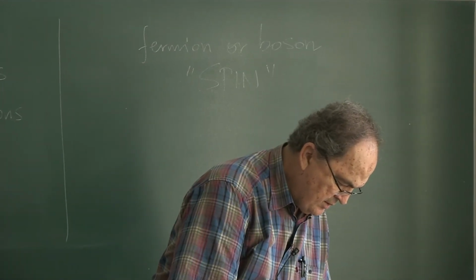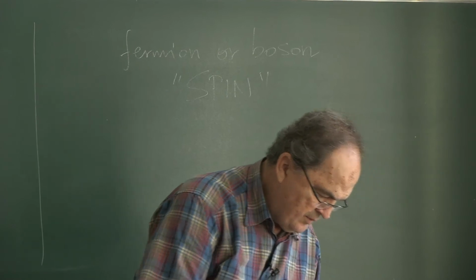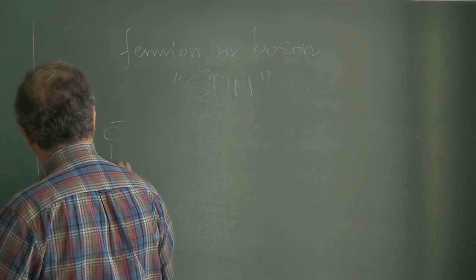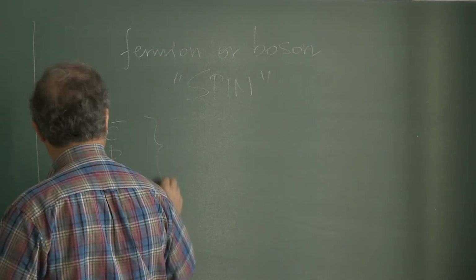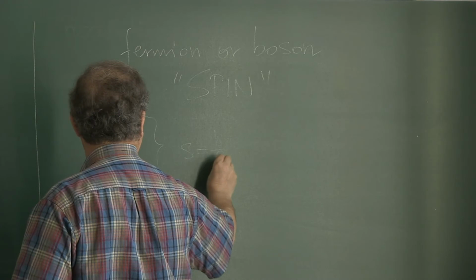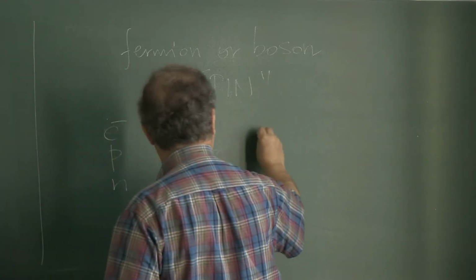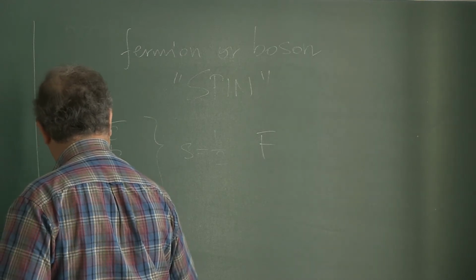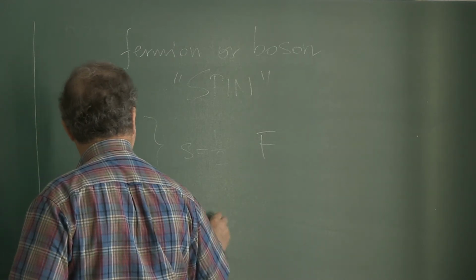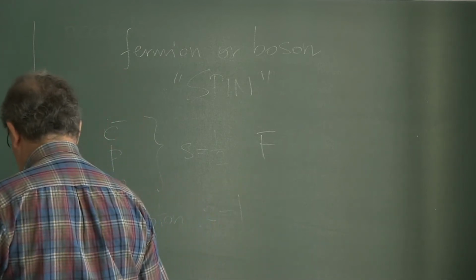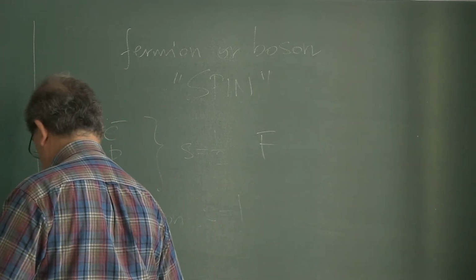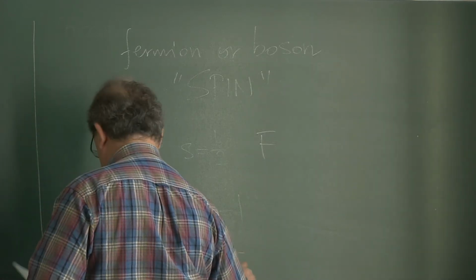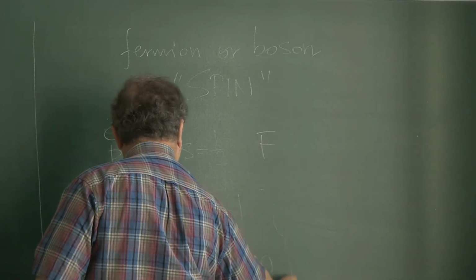If the spin is half integer, like electron, proton, or neutron, these are spin 1/2 particles. They are fermions. And photons with spin 1 and mesons with spin 0, these are bosons.